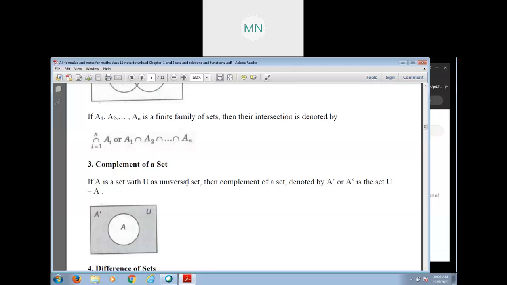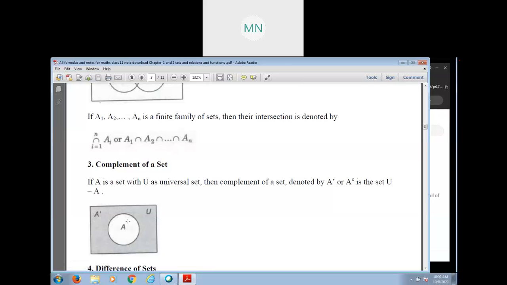Then the complement of A contains the elements which are in U but not in A. So diagrammatically, the complement of A is this part. The elements are in U but not in A.